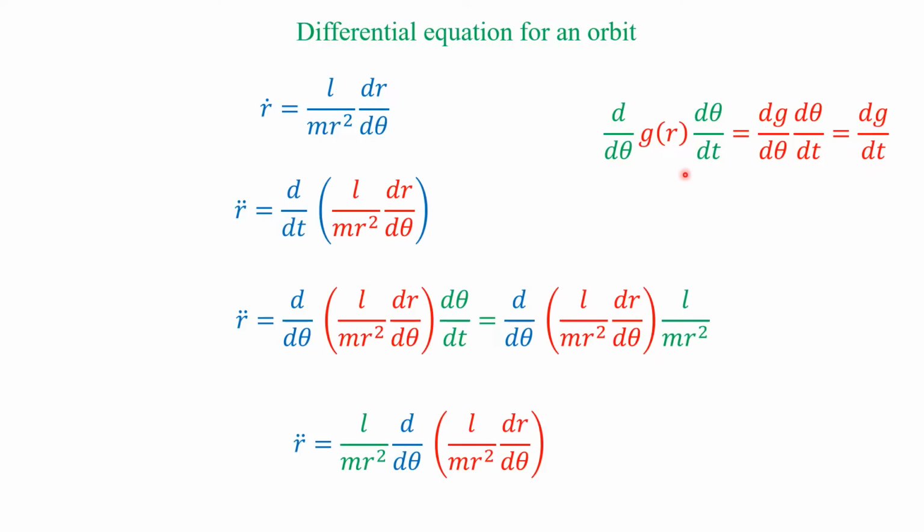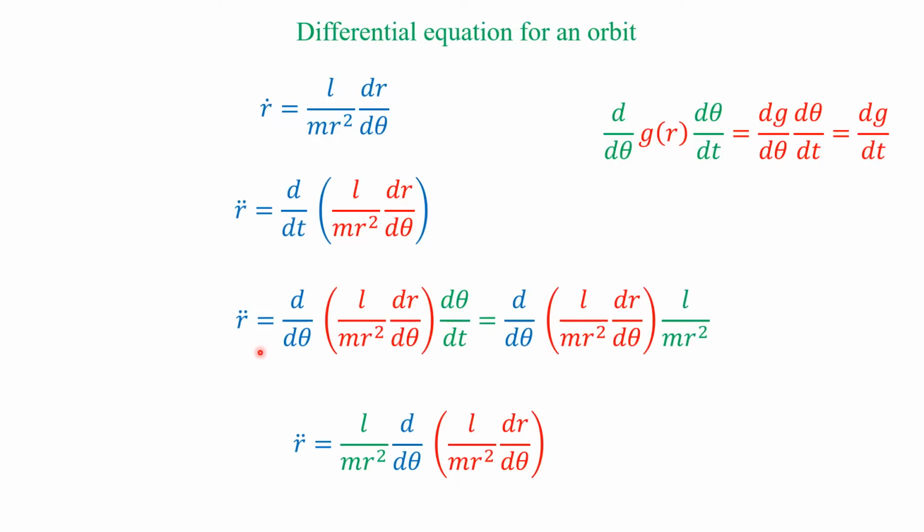So we know this relation: d by dt of g of r, which is some arbitrary function which depends on r, is equivalent to d by d theta of g times d theta by dt. Make use of this relation.